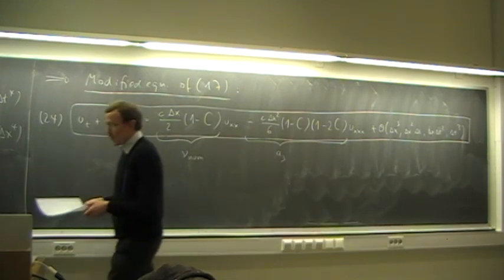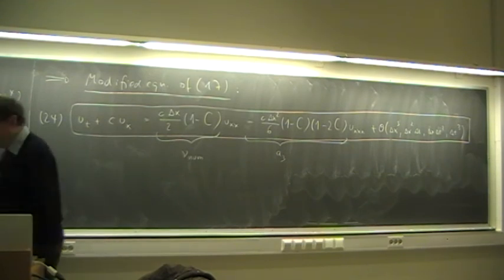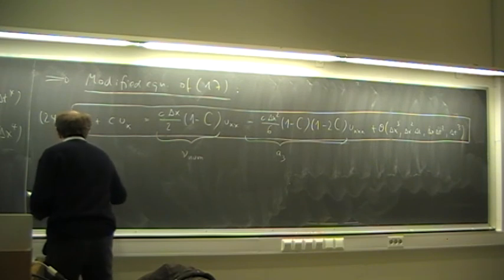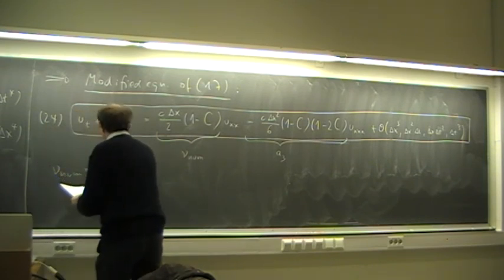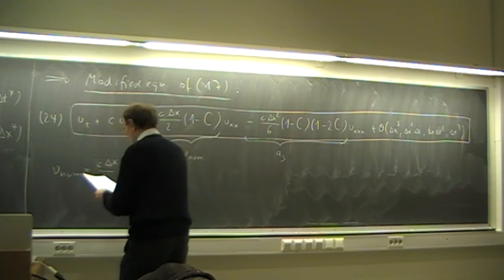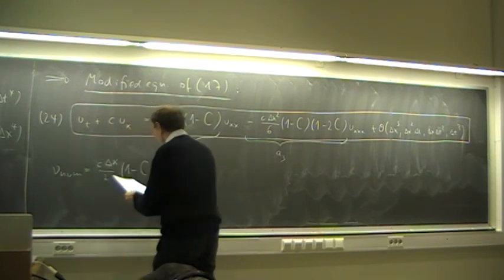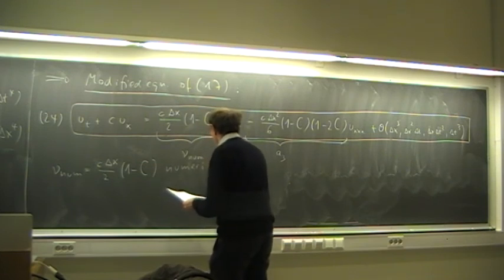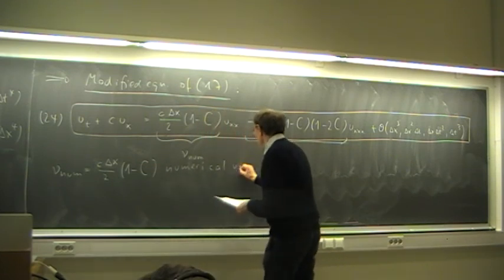So let us first note what I just said. The nu, that is the advection velocity times delta x half times 1 minus the Courant number, is the numerical viscosity of the numerical method.